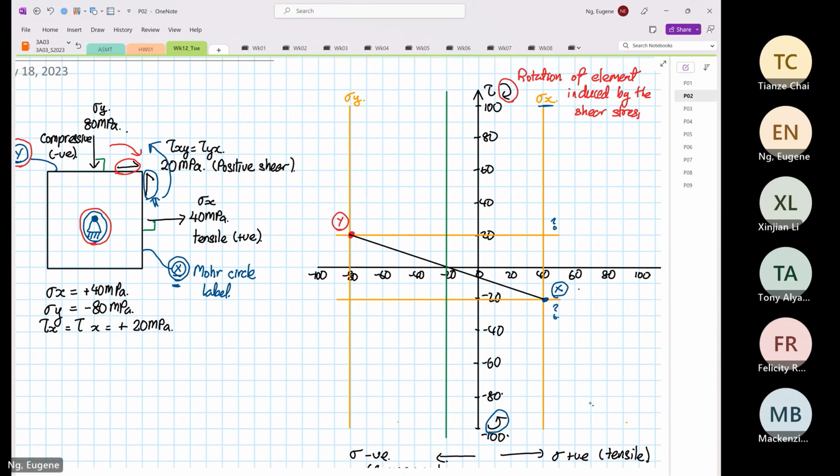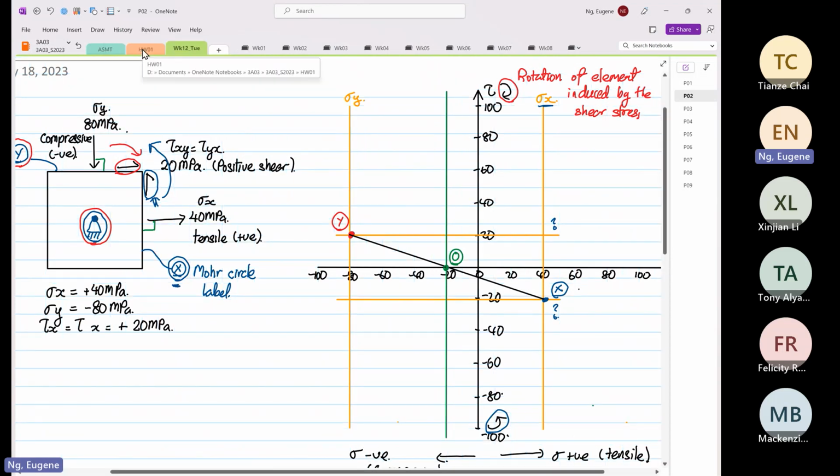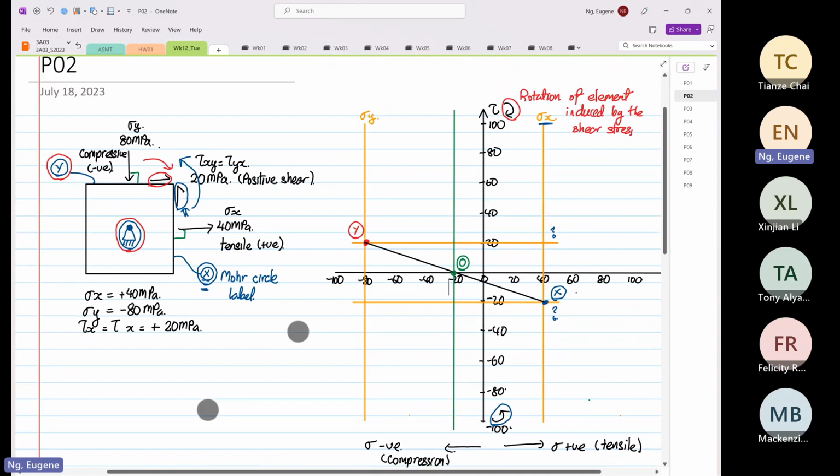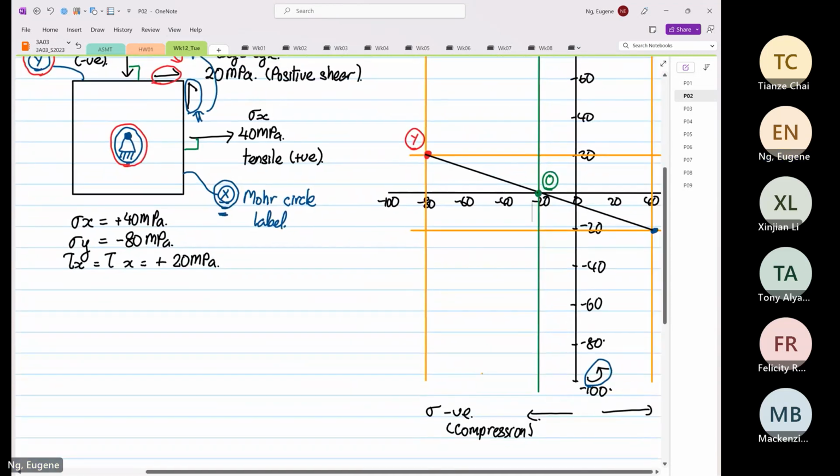This point, we usually label as point O. So from here, we can immediately calculate our stress average. It's pretty straightforward.